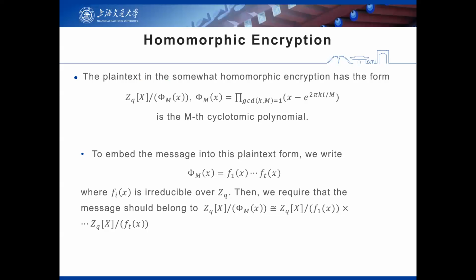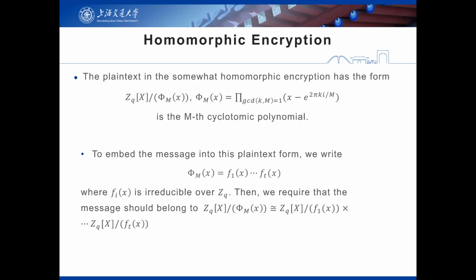Right. So next I want to introduce some homomorphic encryption, which relates to our MFE application. Here I don't want to introduce the whole picture of homomorphic encryption. I just want you to know that in somewhat homomorphic encryption, the plaintext is of this form, Z_q[X] modulo some m-th cyclotomic polynomial.